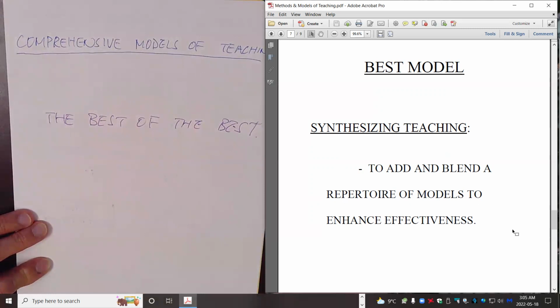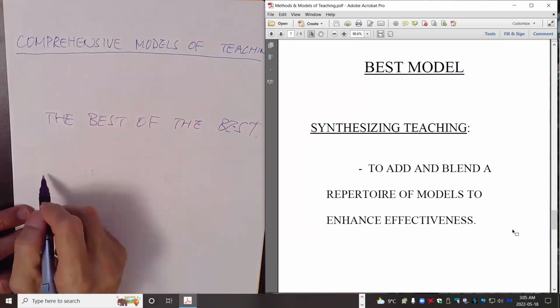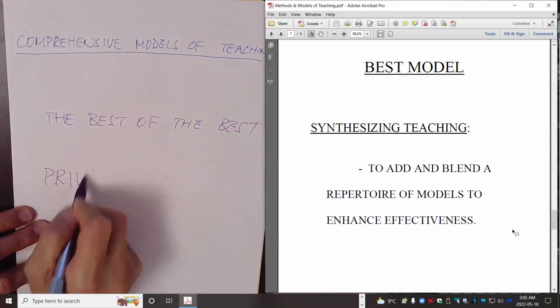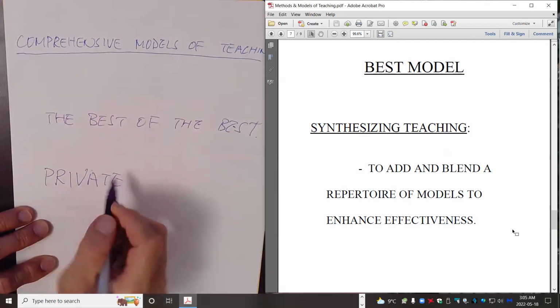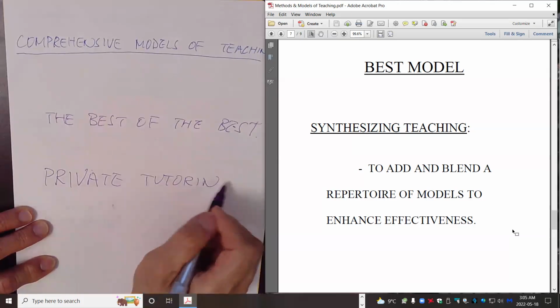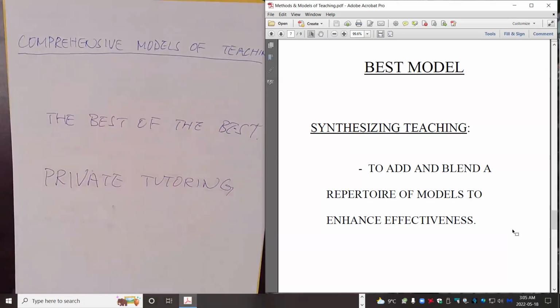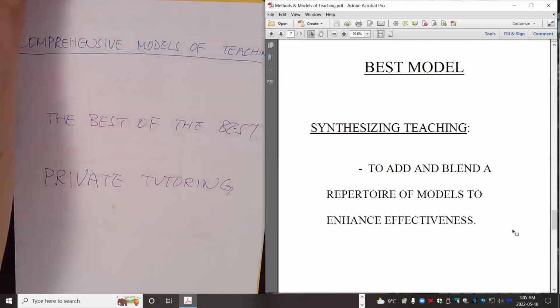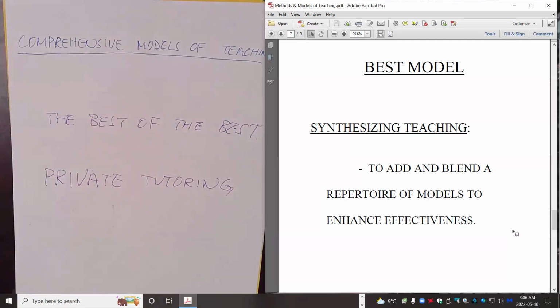Which model is the best? Private tutoring. Because it's one-on-one, no distraction.